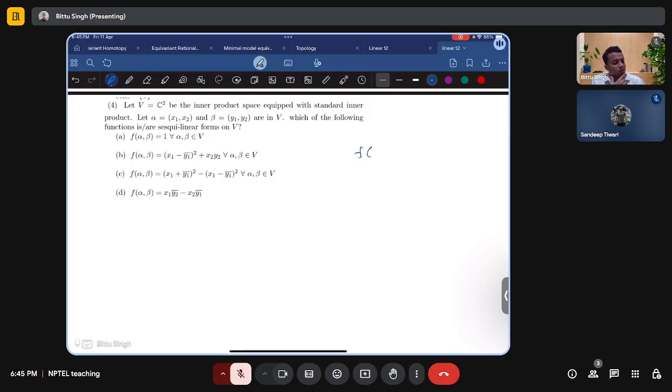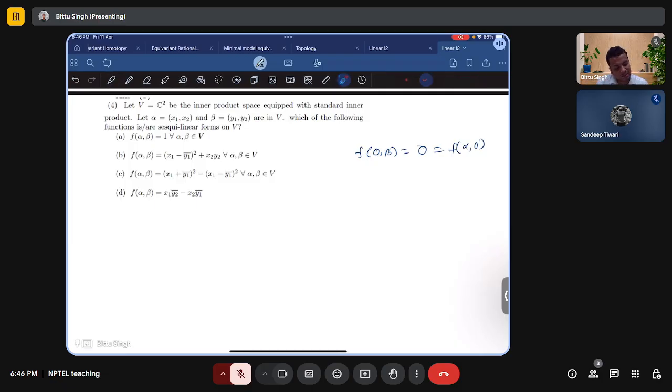Again, we know that for any linear transformation T, T of 0 is the same as 0. So any linear operator or linear transformation sends 0 to 0. Similarly, this is also true: if any component is 0, then f of 0 comma beta is 0, or f of alpha comma 0 is 0.